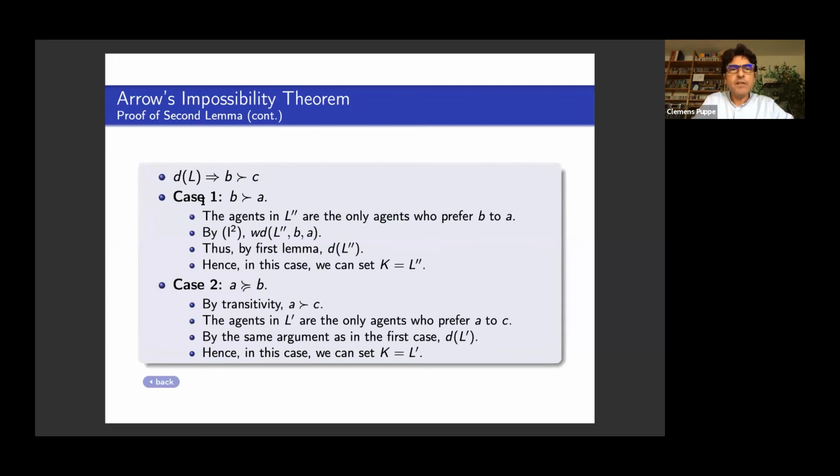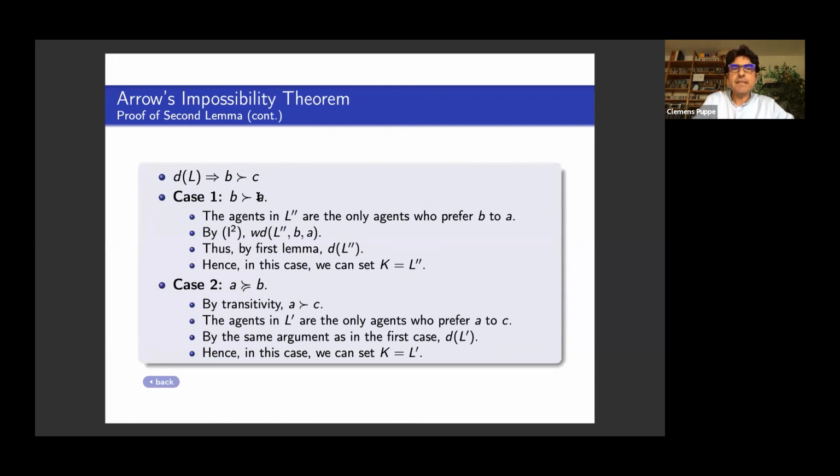There are now only 2 cases to consider. Either for the group as a whole, we find that B is better than A, or we find that A is at least as good as B, right? These are the 2 cases.